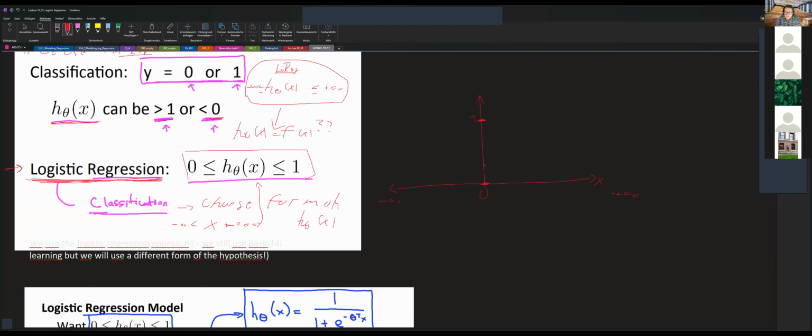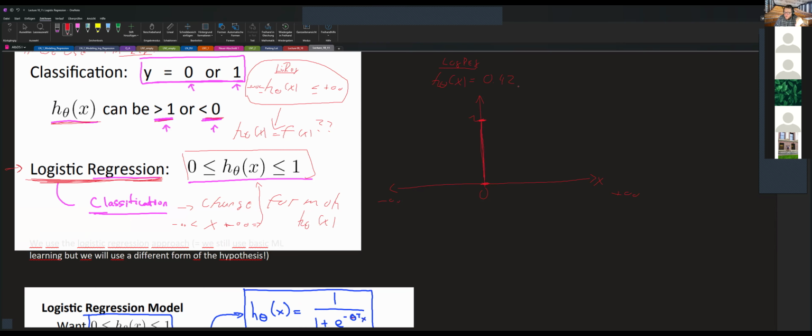This will not happen, but between 1 and 0. So our hypothesis of the logistic regression can still put out values like 0.42.